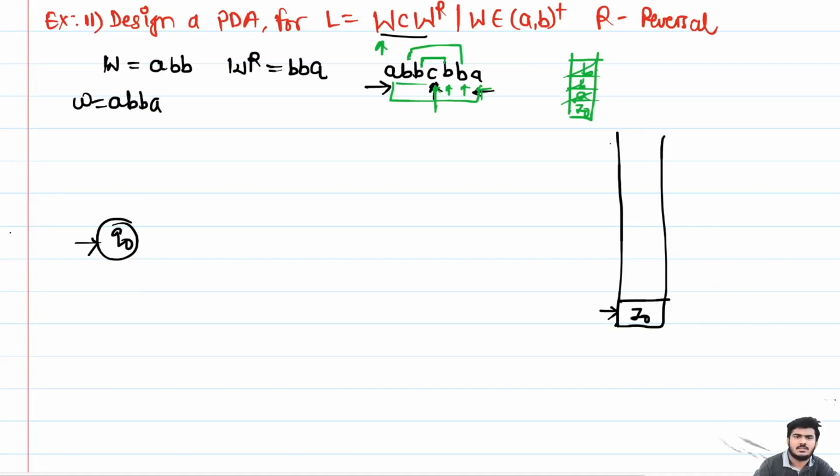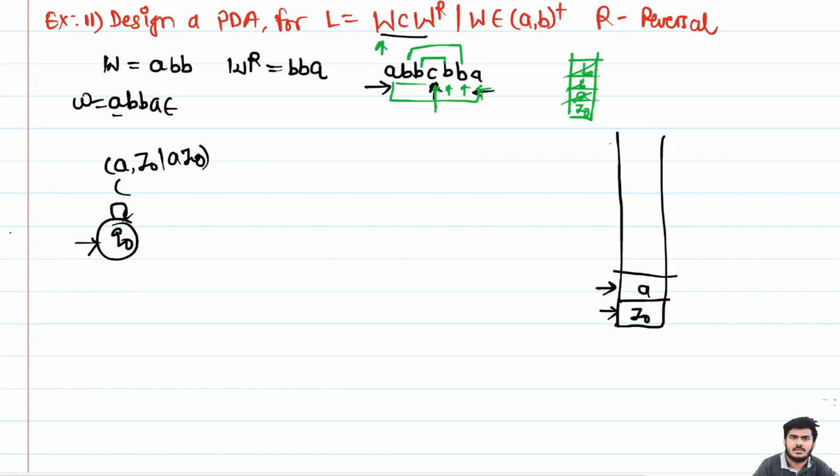For this I will write the possible transitions. Initially the stack contains Z0 and the input is A, so I push that A into the stack, and the stack becomes A Z0 with this one on top.